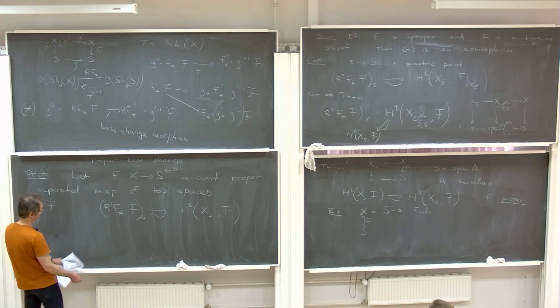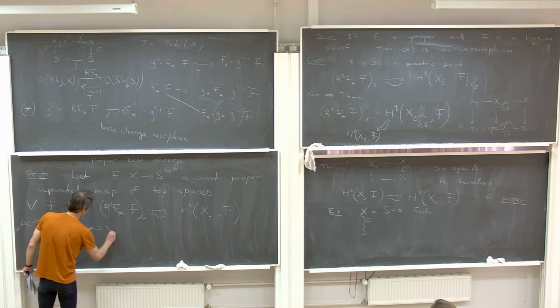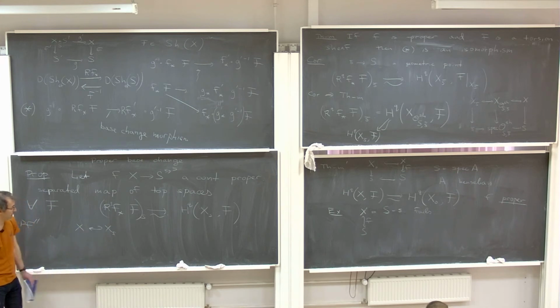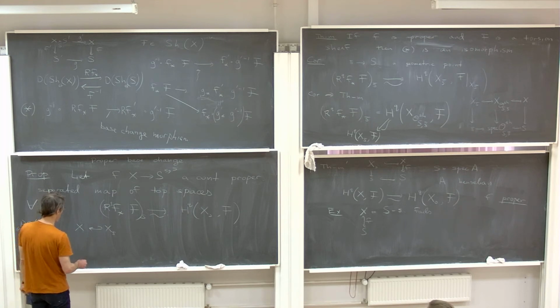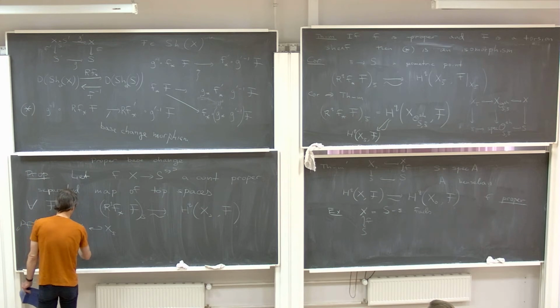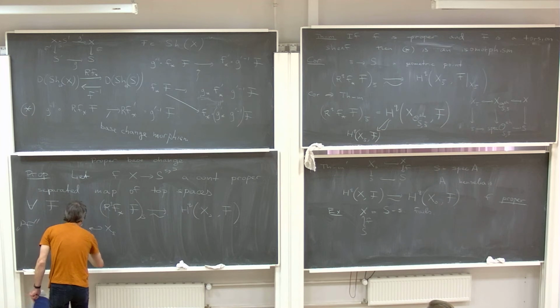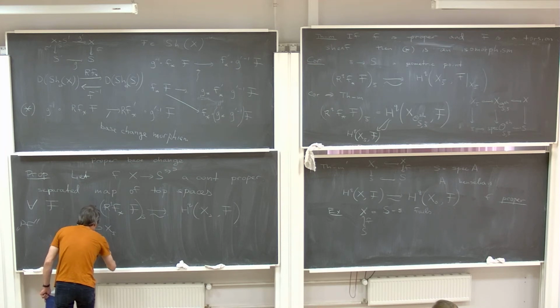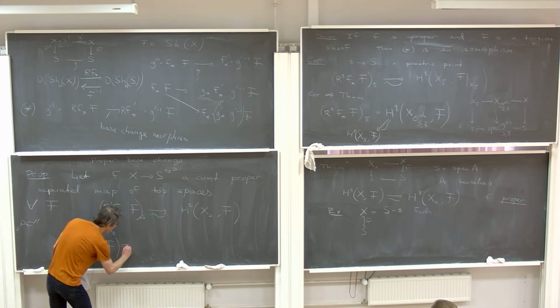So the idea is that you have X, you have X_0 or X_s. X_s is itself compact, and you can check that the cohomology of X_s, the cohomology of X_s with coefficients in F, is equal to the limit.